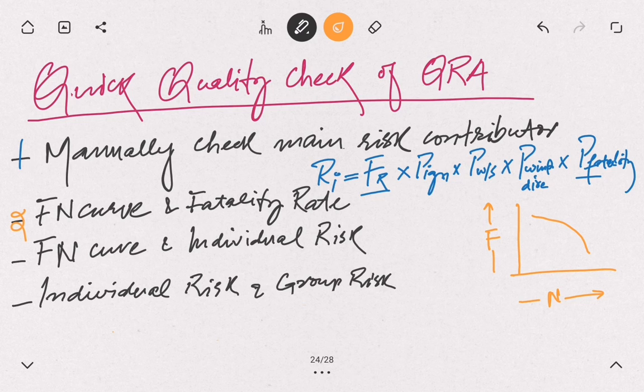The overall fatality rate should be greater than the FN value at the knee of the FN curve.